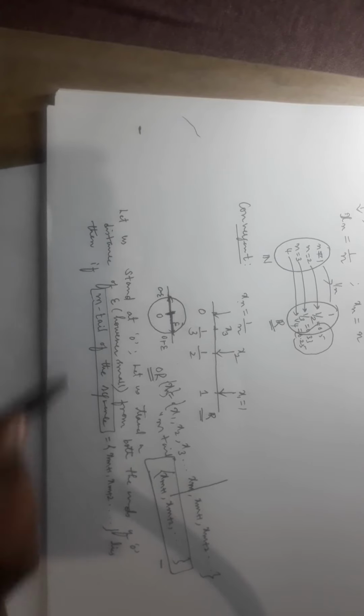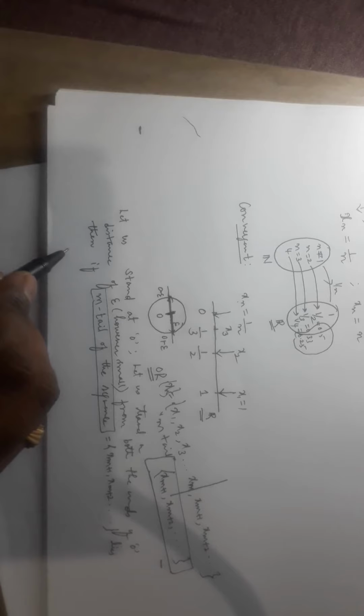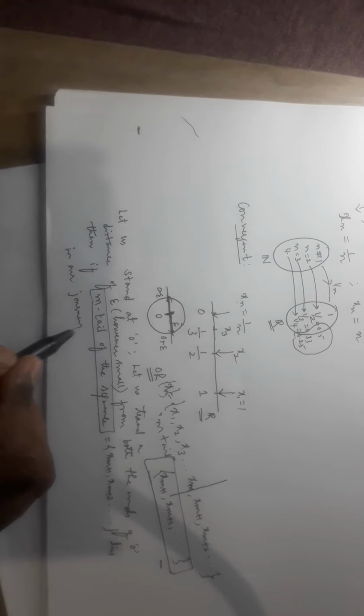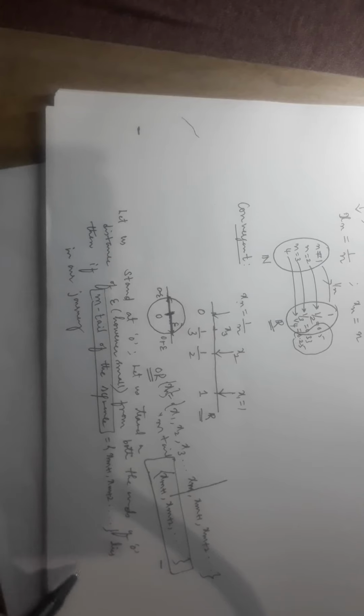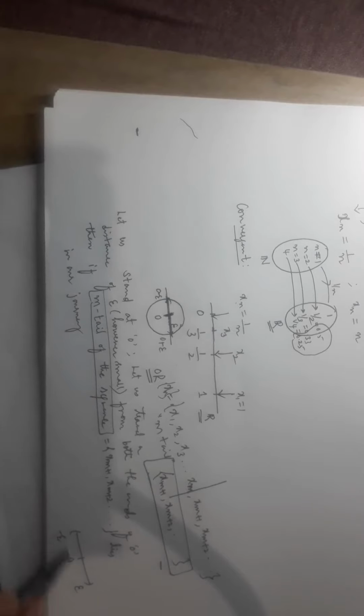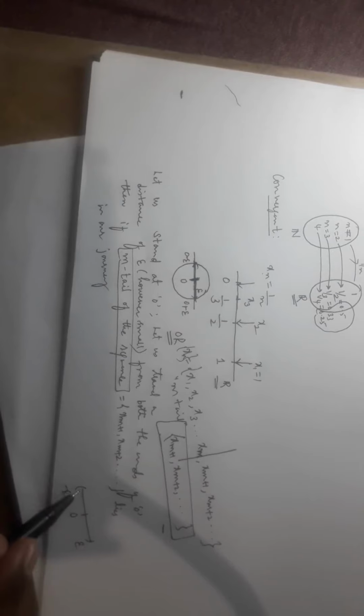So this m tail lies in our journey. What is our journey? 0, epsilon and minus epsilon. This is our journey. In this particular journey, that m tail should be there.